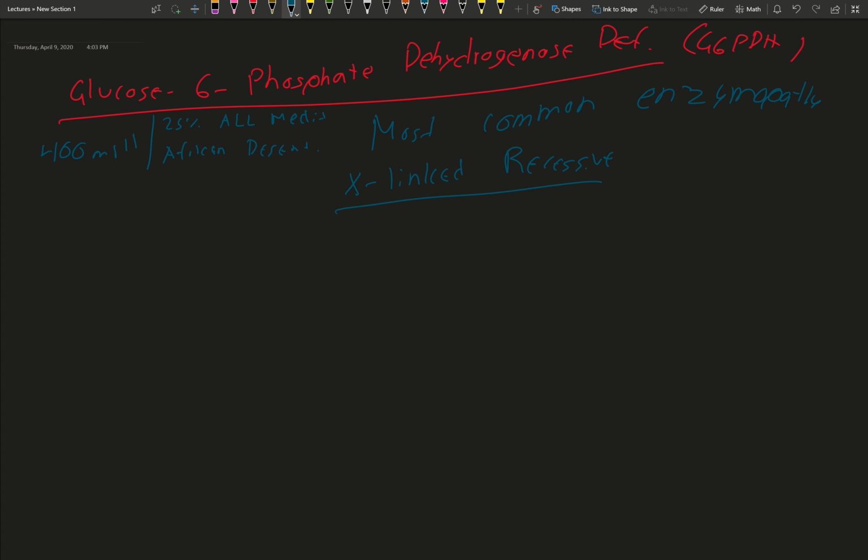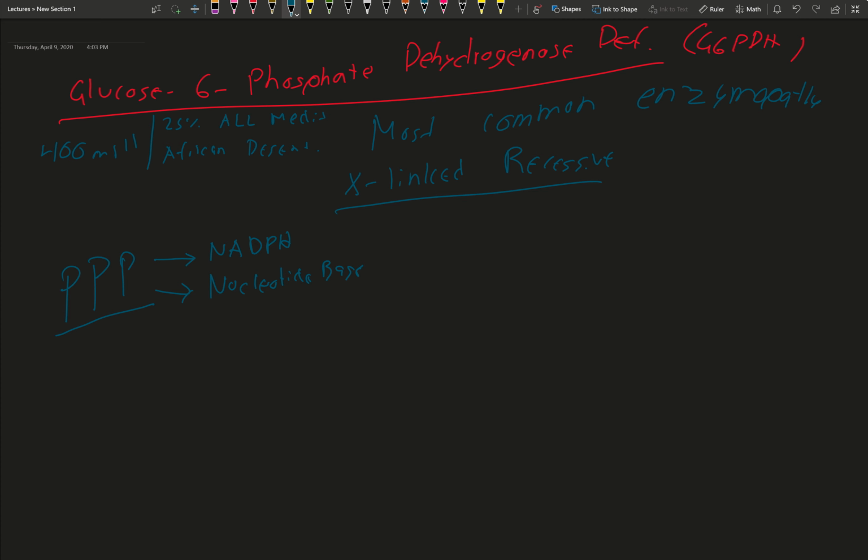So this enzyme, G6PDH, is involved in the very first reaction of the pentose phosphate pathway. So the pentose phosphate pathway is really important because it's able to produce NADPH as well as nucleotides, or I guess the bases for these nucleotides.